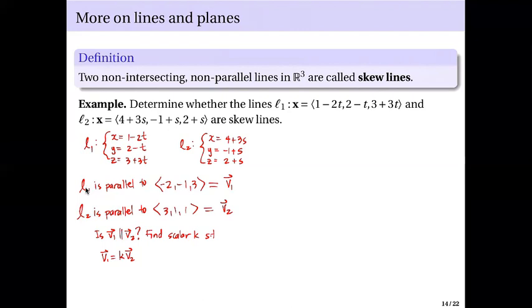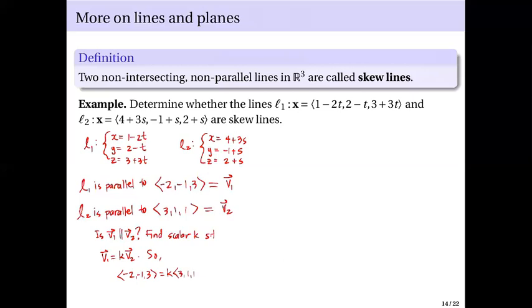And therefore these two lines here are not parallel. But what does this mean? You have (-2, -1, 3) equals K times the vector (3, 1, 1).